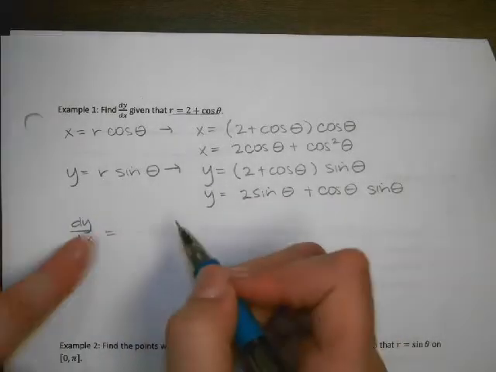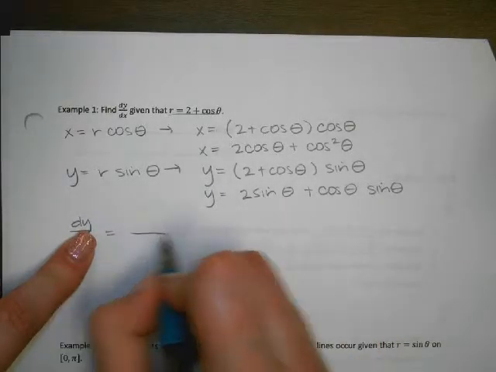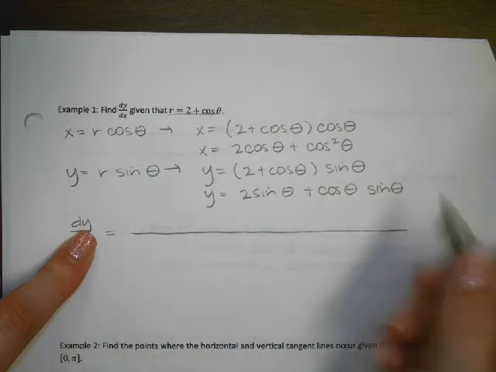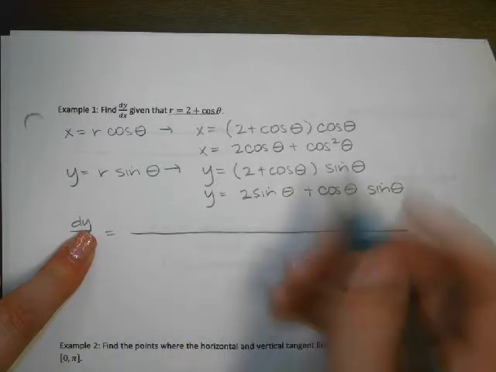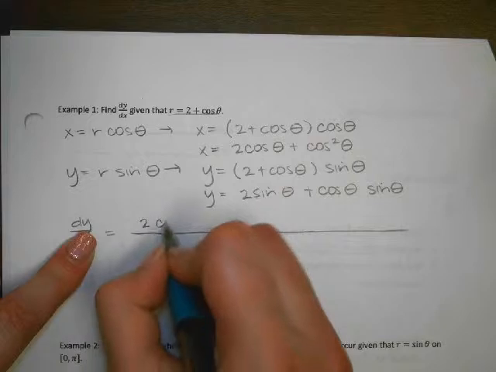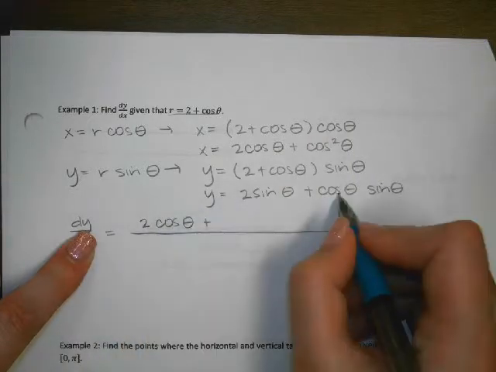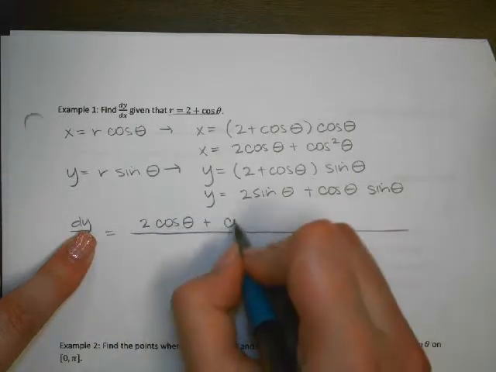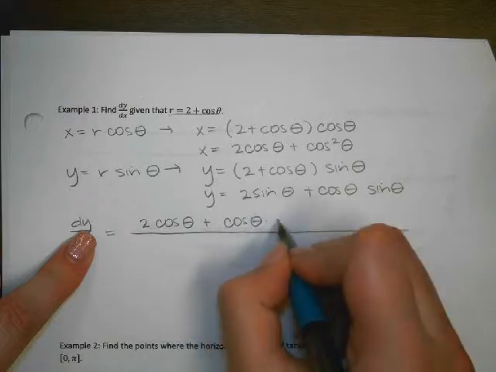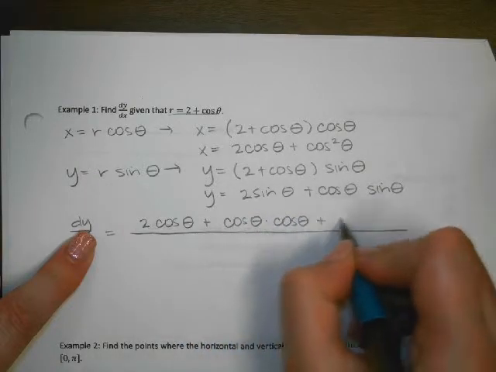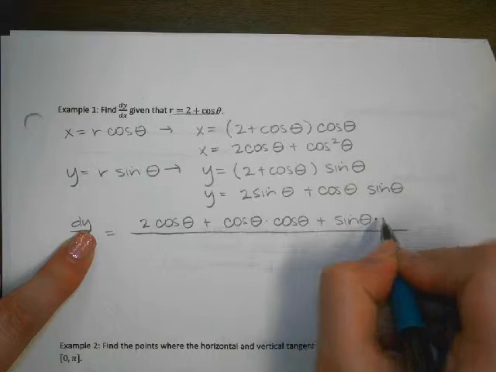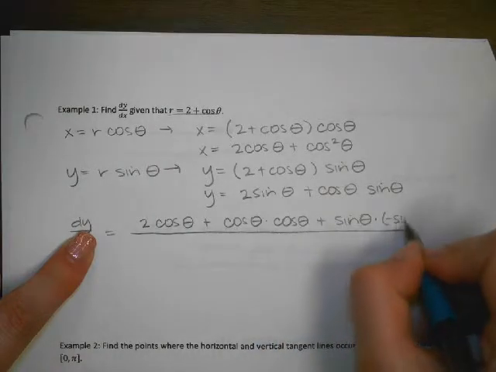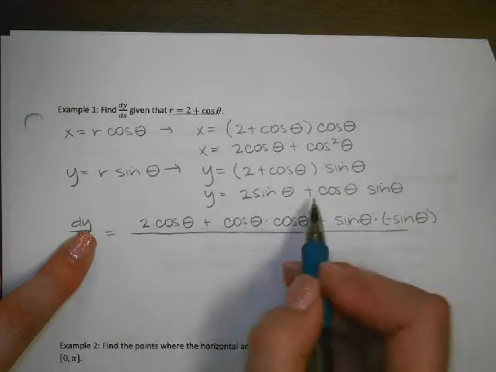So the derivative of y is the derivative of 2 sine, which is 2 times cos, and then here we have a product rule. So first times the derivative of the second plus the second times the derivative of the first. So there's my y prime.